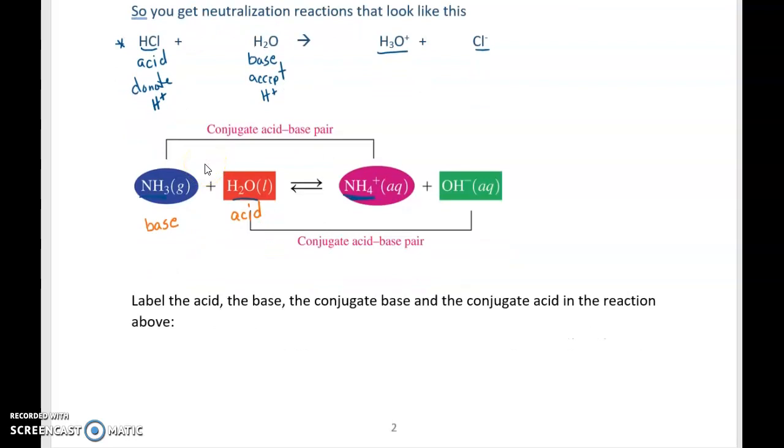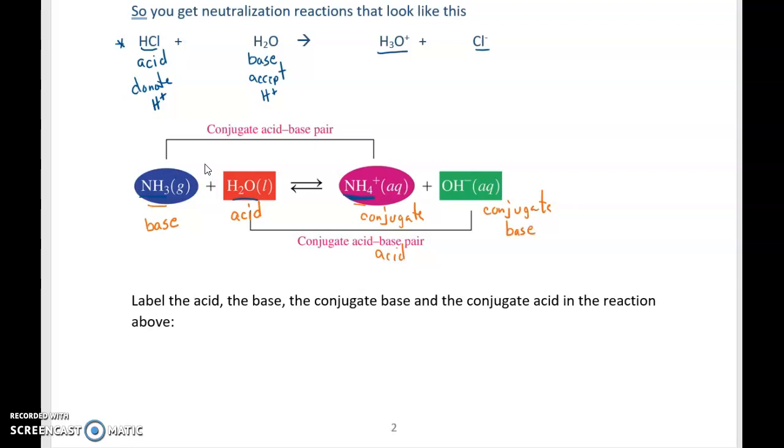We can also, on the other side, label the conjugate acid and the conjugate base. So here's the base, the ammonia, and over here we have the ammonium ion. They would call this the conjugate acid, and this is the conjugate base.